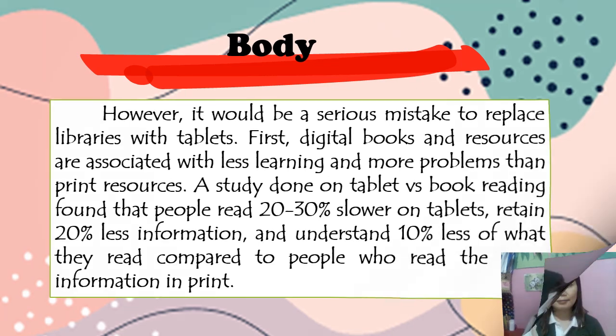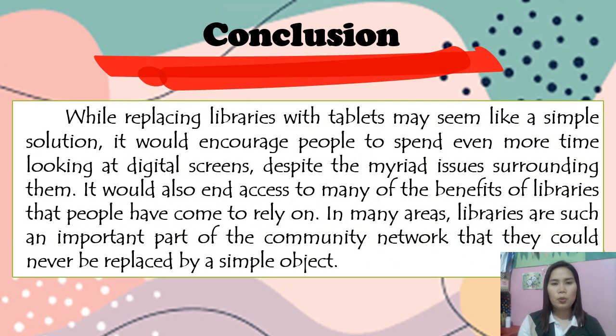So here is an example of a conclusion. Let's read. While replacing libraries with tablets may seem like a simple solution, it would encourage people to spend even more time looking at digital screens, despite the myriad issues surrounding them.